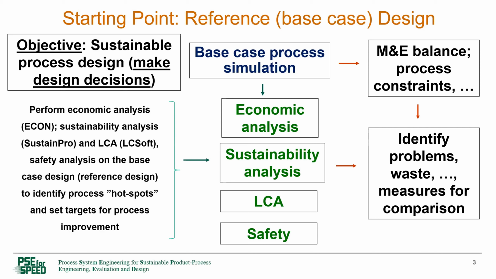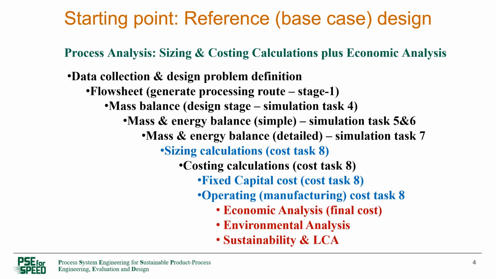So if we look at the steps in terms of 12 tasks, we did up to task 7, which was the simulation. And we discussed before tasks 4, 5, 6, 7, and very detailed in 7, how to do all the design decisions so we can reach 7.